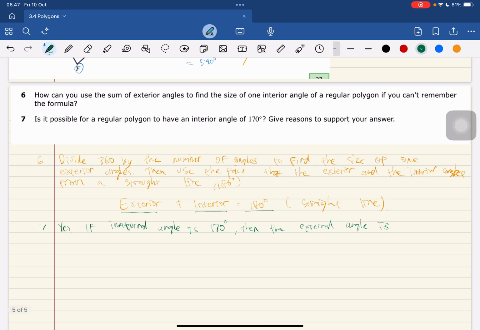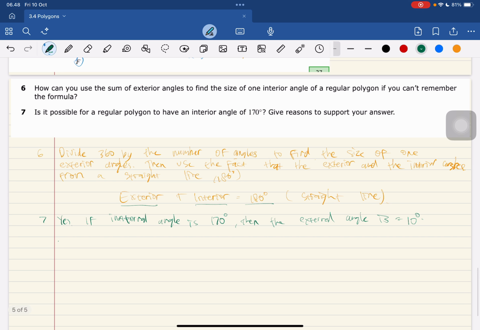So if the internal is 170, the external equals 10 degrees. And also remember the sum of external angles equals 360 degrees. We can divide it by 10 because the exterior is 10. So it's going to be 36 sides. So if one interior angle is 170, this is a 36-sided polygon with the exterior angle equal to 10. There it is. Thank you.